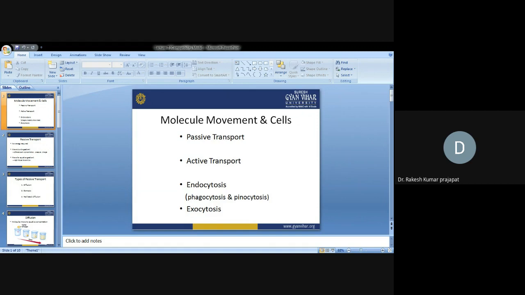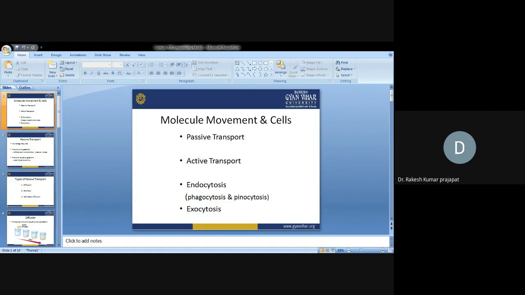Osmosis is a special form of diffusion. In osmosis, only the liquid flows, from lower solute concentration to higher solute concentration. It may be somewhat confusing, so try to understand. Suppose I have two buckets, A and B. Bucket A contains low solute concentration, meaning the water molecules are more because salt concentration is less.